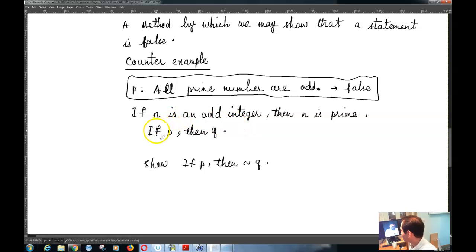So you need to show that if p then not q, and that makes this statement false, right? Now to show this, we look for an odd integer n which is not a prime number. Of course, this example is completely different from what I said over here. Let's forget about this for now.